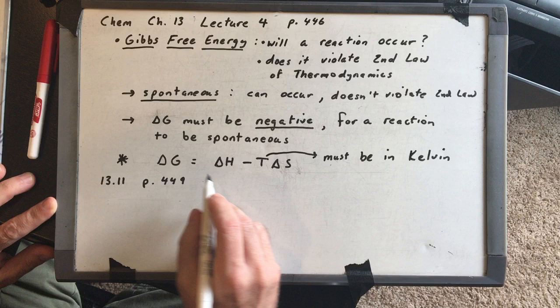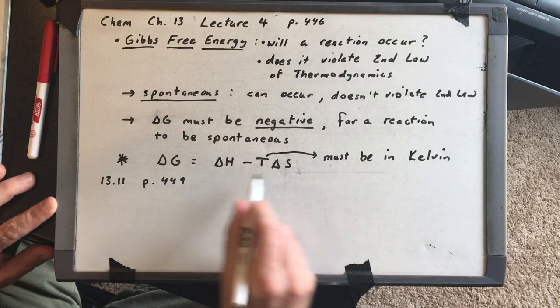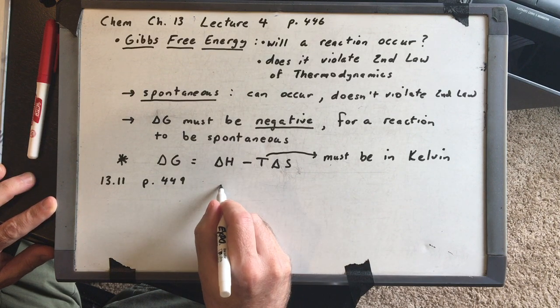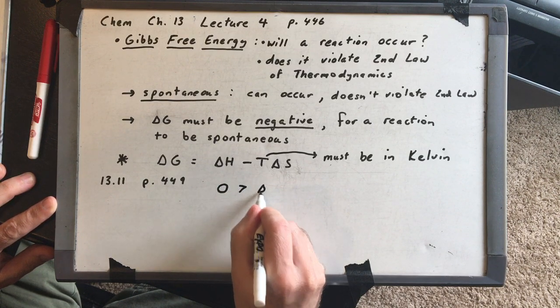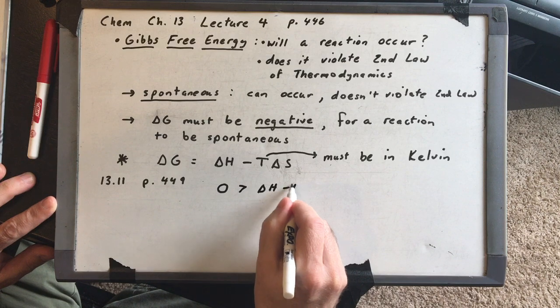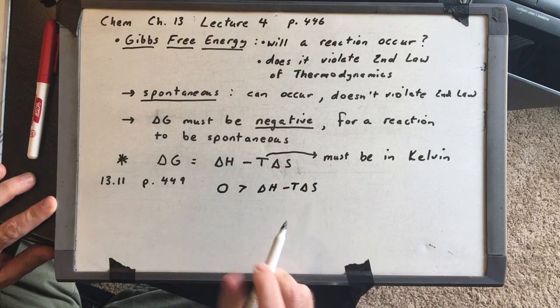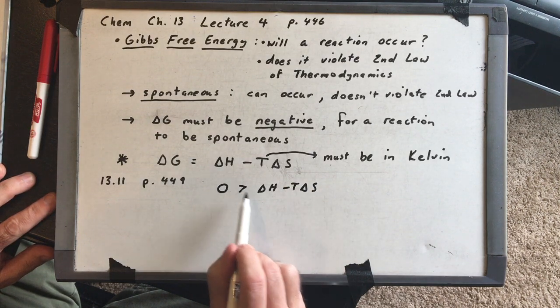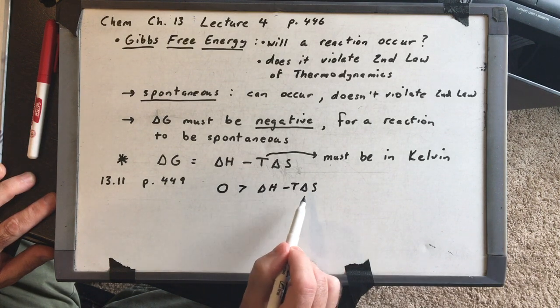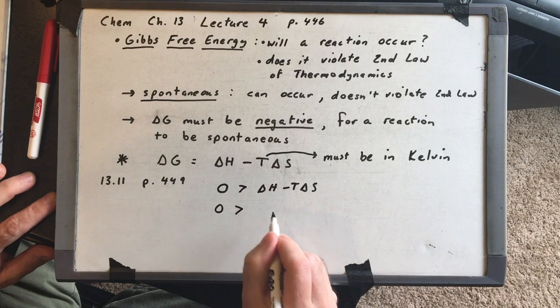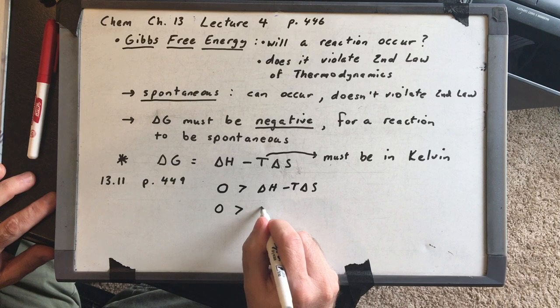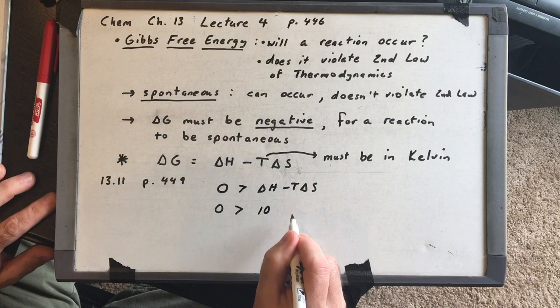In order for this quantity to be negative, we're going to make an inequality: 0 is greater than delta H minus T delta S. If 0 is greater than something, then that something is negative. So we have 0 is greater than delta H from the problem, which is 10 kilojoules. I'm not going to put the unit until the end.